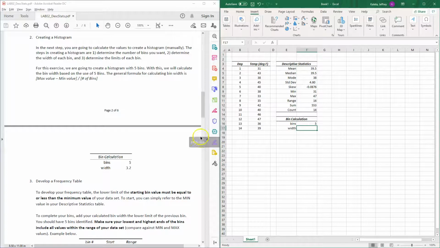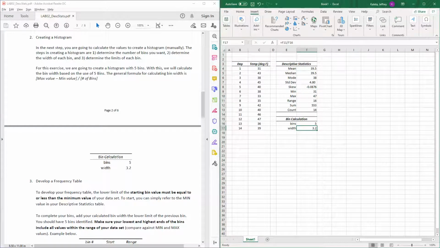So the width of the bins is nothing more than the range divided by the number of bins. So we have range here, and it's divided by the number of bins, and that happens to be 3.2. Now, for simplicity, I'm leaving this as 3.2, but there are occasions where you might want to make the bin width a little bit wider.